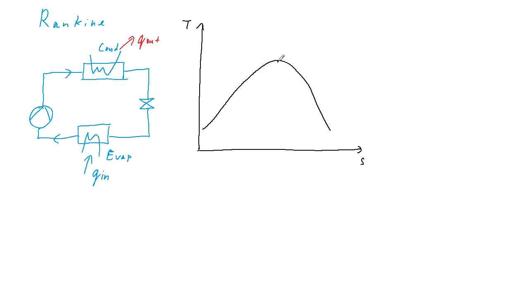We have the saturated liquid and saturated vapor. Let's call this point number 1, where in the ideal case the point number 1 is directly at the point of saturated vapor. Let's also show here some isobars.